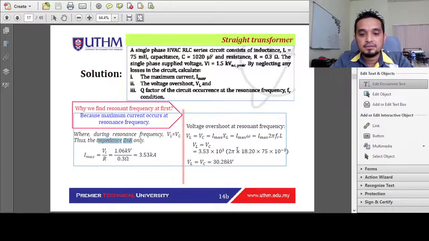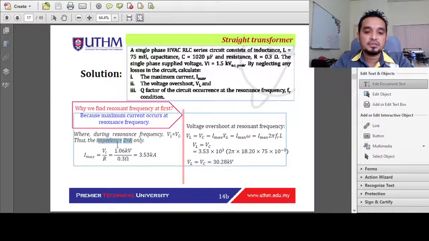We have everything here, including the Imax. This will allow you to calculate the overshoot voltage during the resonance. So during the resonance, we will have 30.28 kV, and we have the current of 3.5 kilo amp.